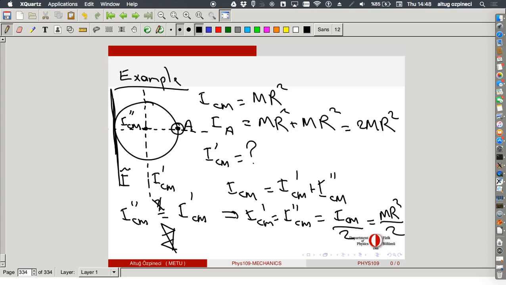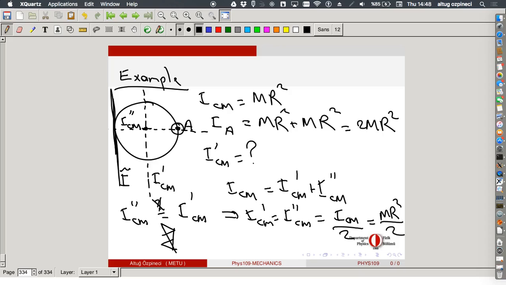And to do that, we can just use the parallel axis theorem, because I already know the moment of inertia for this axis. I have to move this axis parallelly to this point. But I already know how much the moment of inertia changes if I just shift my axis from an axis passing through the center of mass.